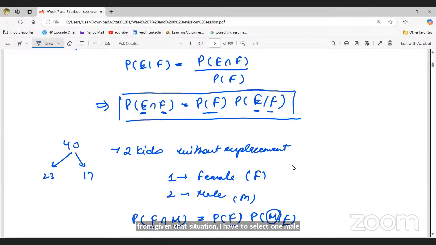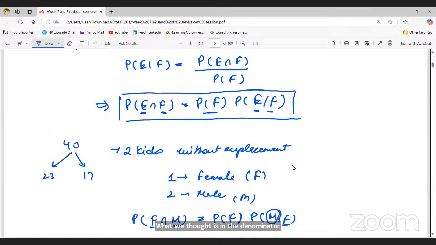Correct? Ma'am, it should be F given M, right? No. Yes, ma'am, in the previous formula also, we can see P of E given F. So it is P of F. What we thought is in the denominator, the last one, will come there.